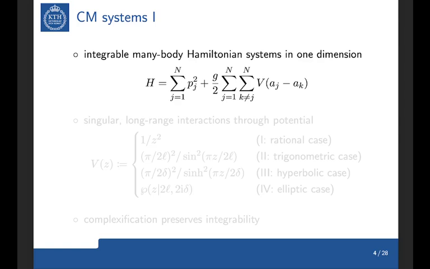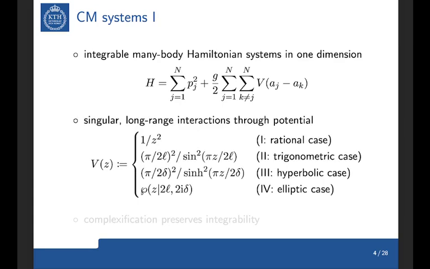CM systems are integrable many-body Hamiltonian systems in one dimension, and I've written their Hamiltonian here. A_j and P_j are canonically conjugate positions and momenta. g is a coupling constant, and V is a special function that must take one of 4 particular forms.